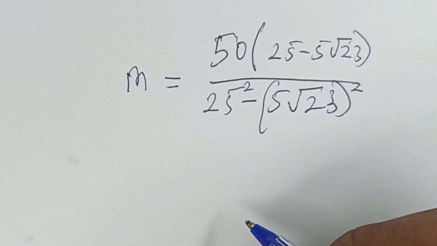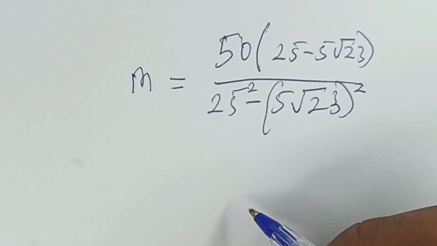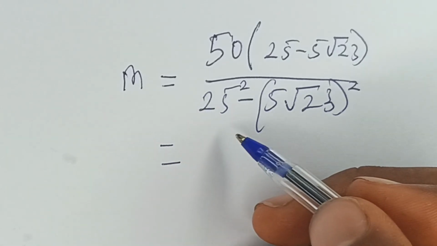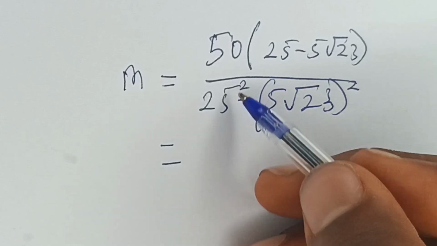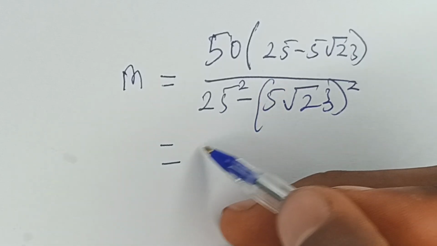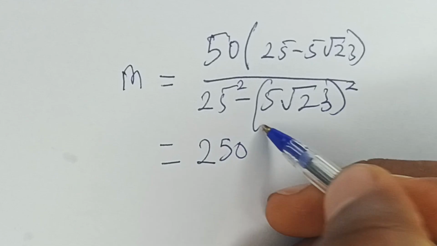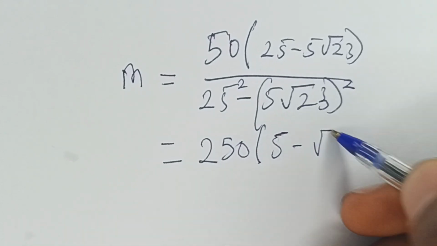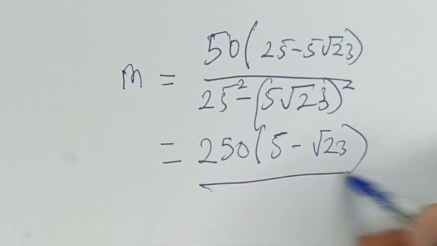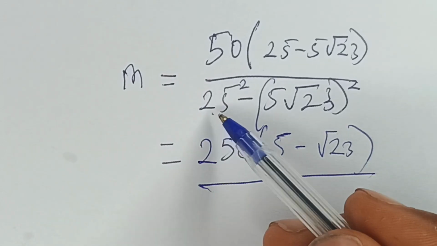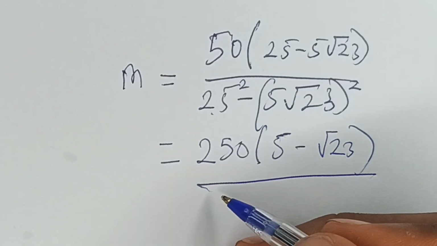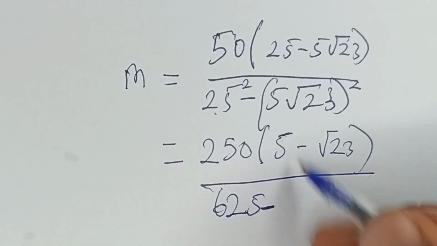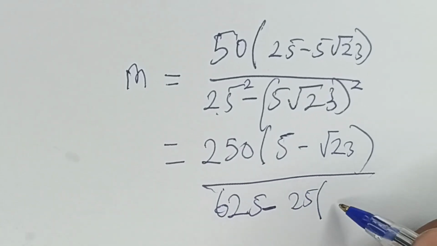Moving on from here, we now have that m will be equal to, now we have 5 and 25, so we can factor out 5, so we have 5 times 50 is 250 into 5 minus 5 divided by 5 is 1, so root 23, all over 25 squared is 625 minus 5 squared is 25 times 23.